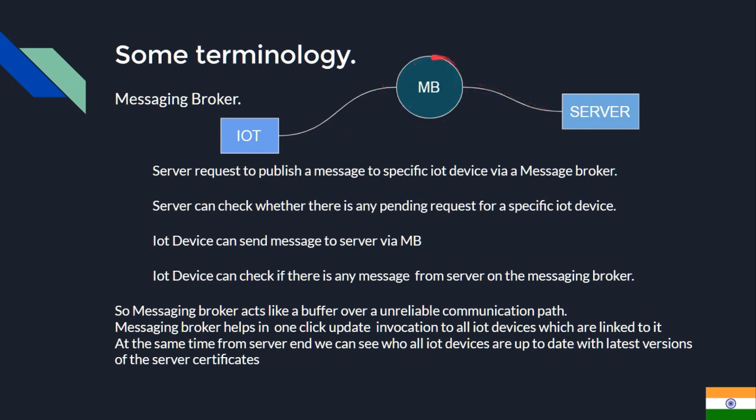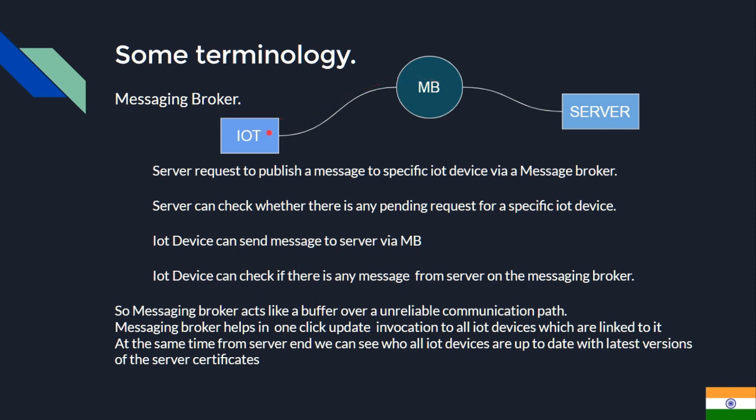So what will the messaging broker do? I will publish a message to a specific IoT device, and the messaging broker will run a loop inside it. If it is able to communicate with the IoT device, it will send that message directly to it, and at the same time it will mark the status of that message as true, meaning it has been sent to the IoT device.